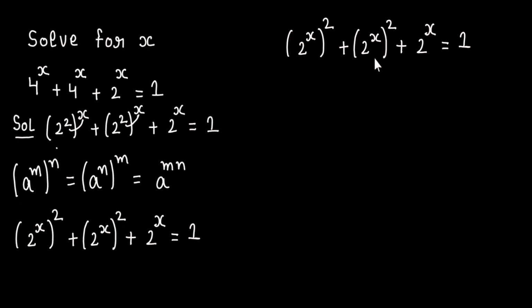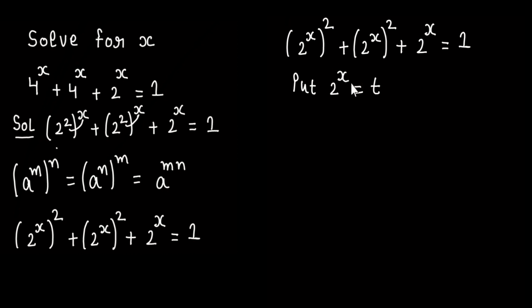Now we see 2 raised to power x, 2 raised to power x and 2 raised to power x, a quantity which repeatedly comes in our equation. So to solve that equation, we put 2 raised to power x is equal to t. I just put it to simplify.